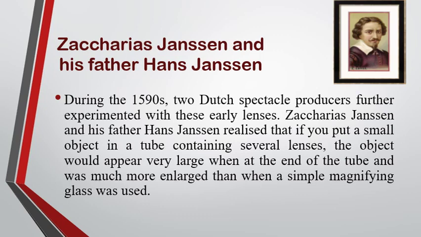But their compound microscope was not so good due to poor lens quality. So the early compound microscope could only magnify an object 20 to 30 times its normal size.